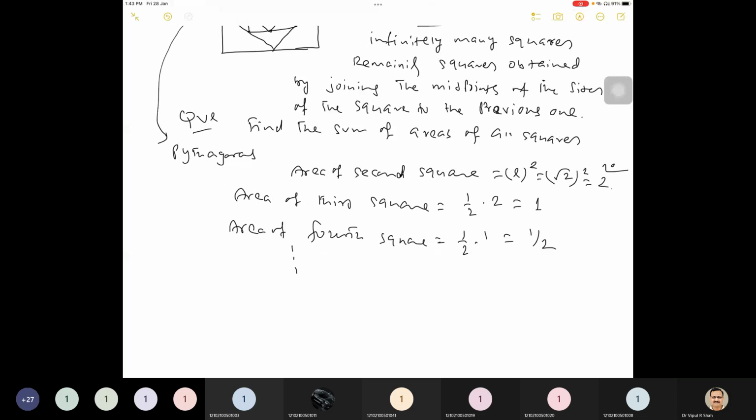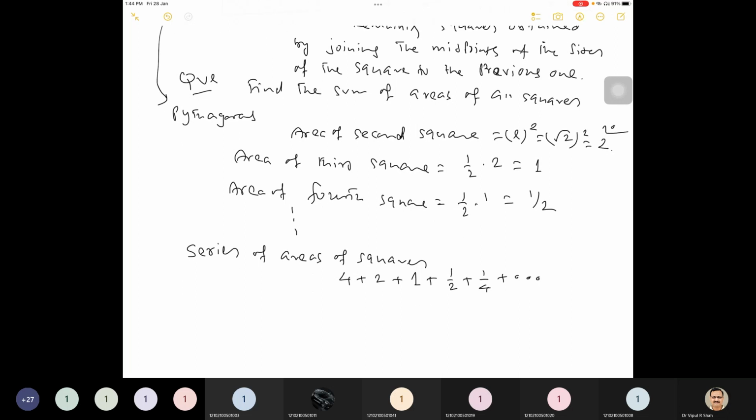Okay. So the series of areas of squares is like 4, then plus 2, plus 1, plus 1 by 2, plus 1 by 4, and so on.